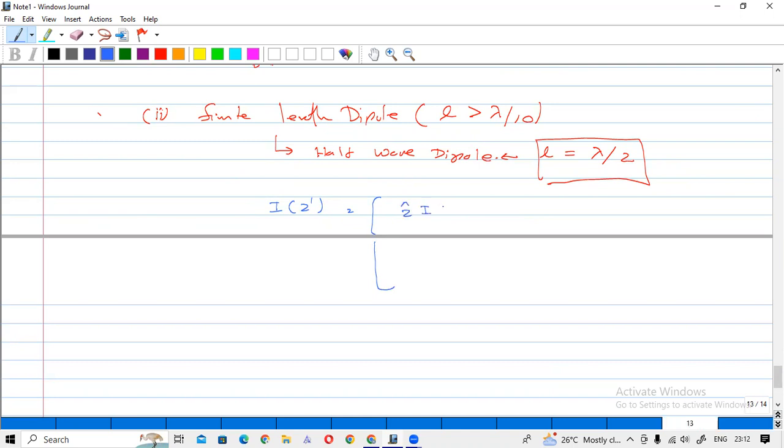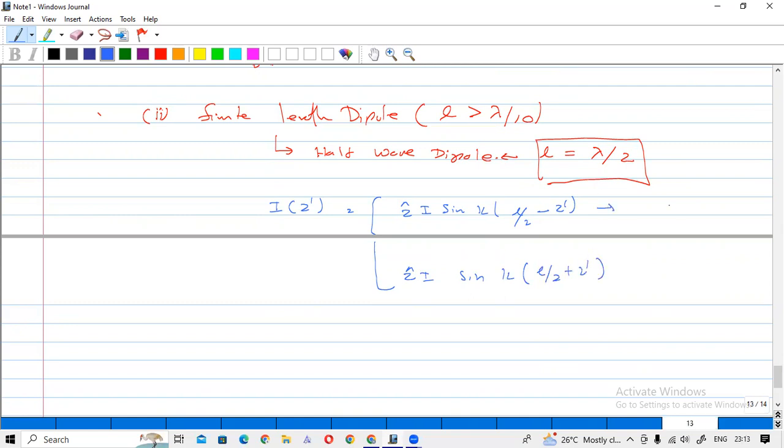If you place it symmetrically in Z, it is I naught sine k (L by 2 minus Z dash) and I naught sine k (L by 2 plus Z dash).